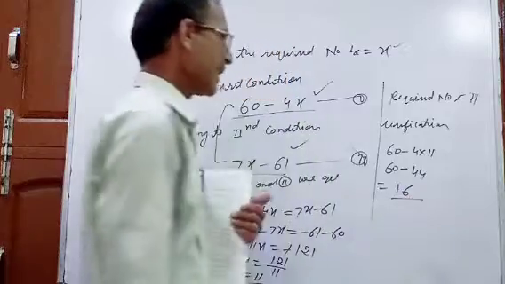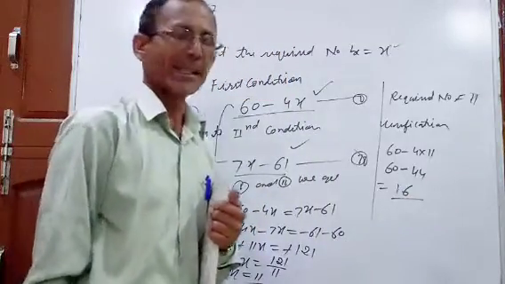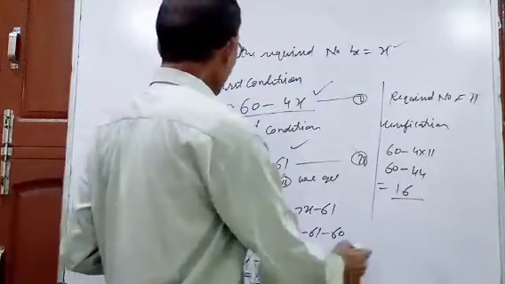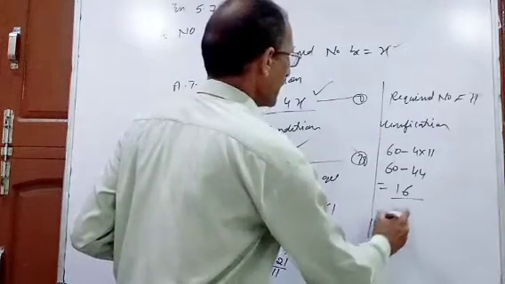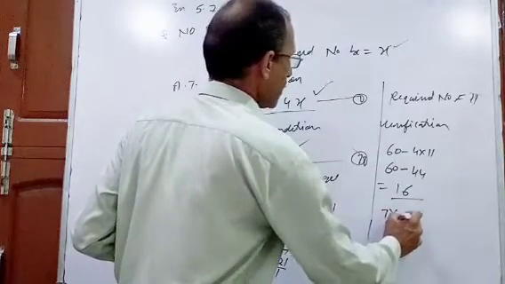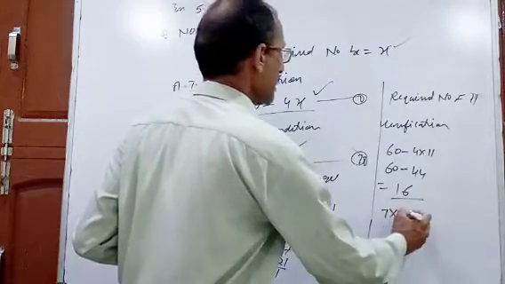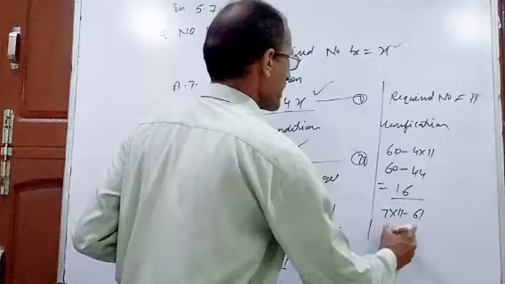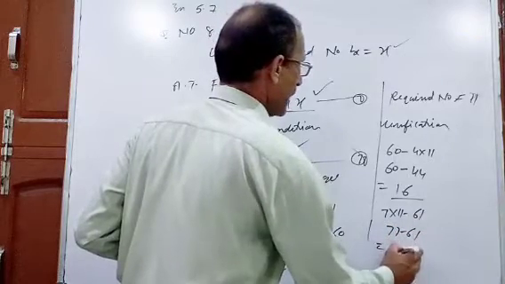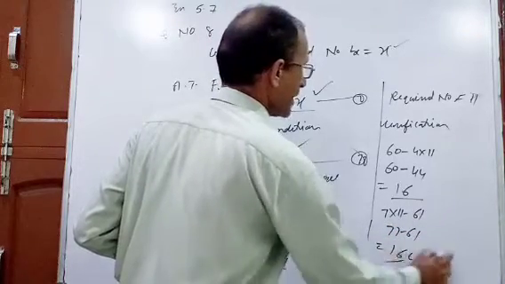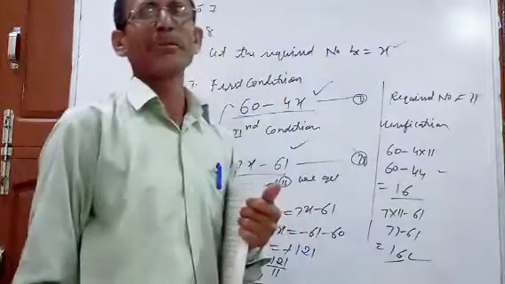So the answer is 16. And the second condition, 7 times the number. It means the number is 11. 7 times the number is 77 minus 61. So what is the difference? This is also 16. So both are equal.